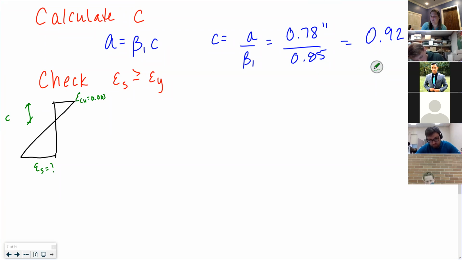All right. C equals 0.92 inches, and D is 8.5.